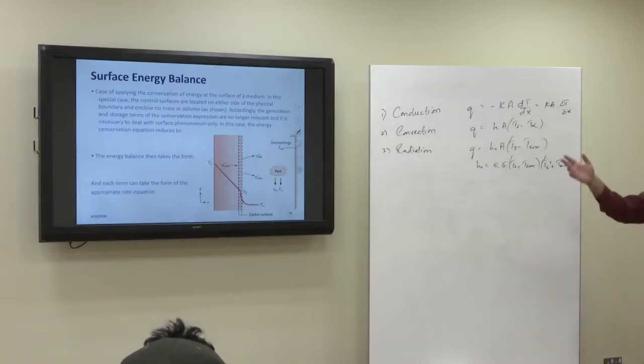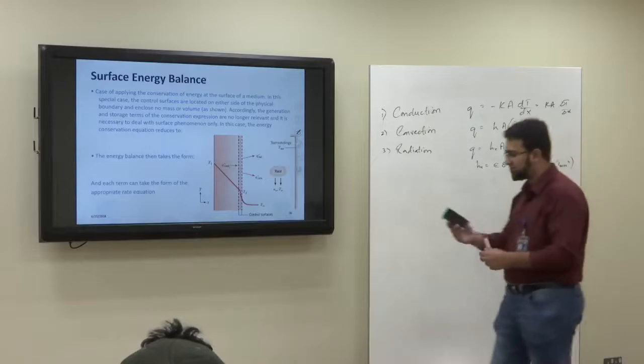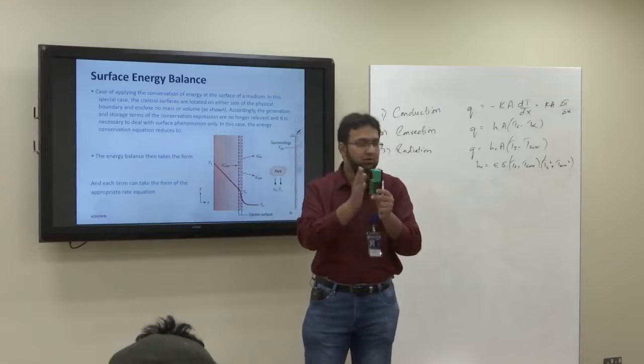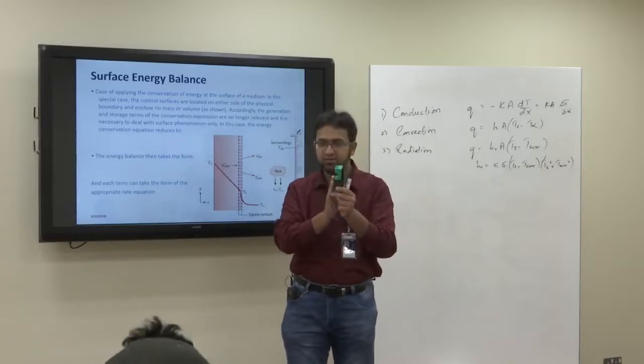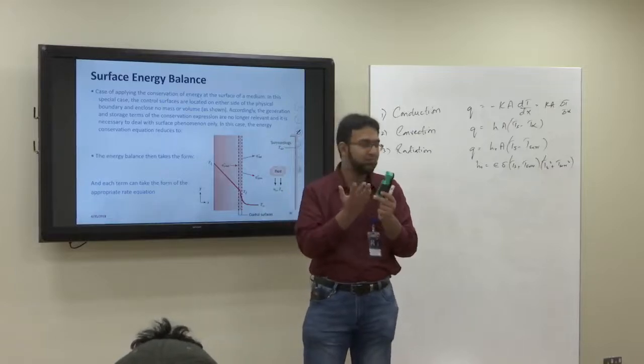Now this is surface energy balance. Surface energy balance is a concept based on the first law of thermodynamics, and it says that suppose this is the body, this is the surface, and you are somehow heating it. So what will happen to this heat?